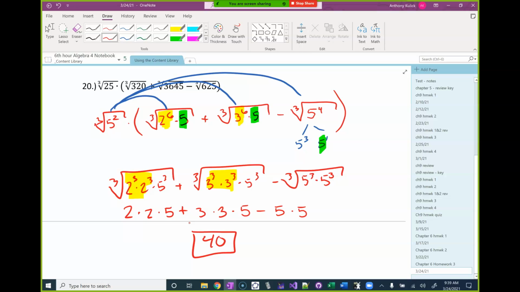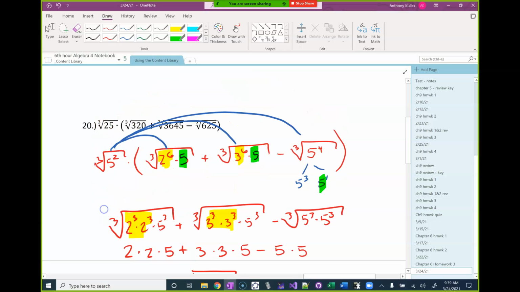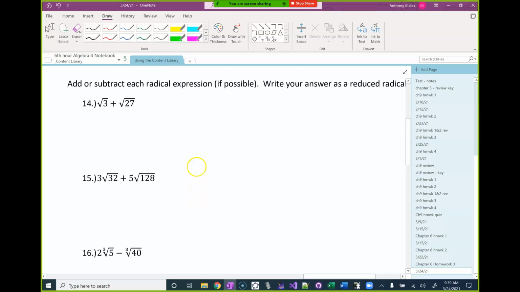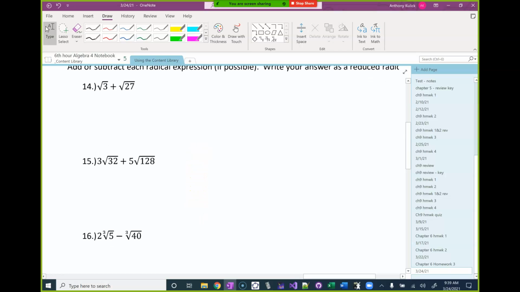15? Sure. Is that on this same page? Yes. Okay. So I'm going to start with prime factorizations. So 32 is 2 to the 5th, and 128 is 2 to the 7th.